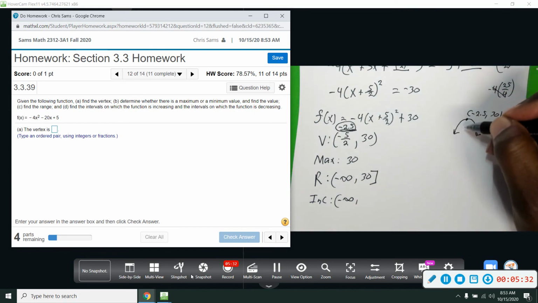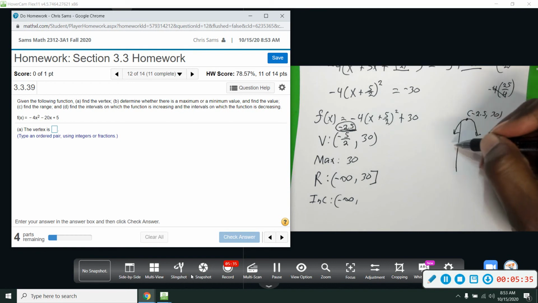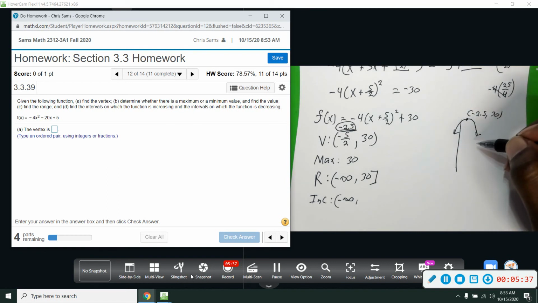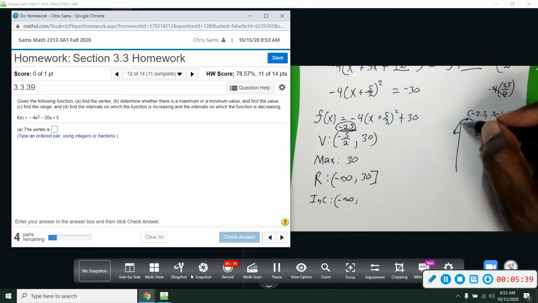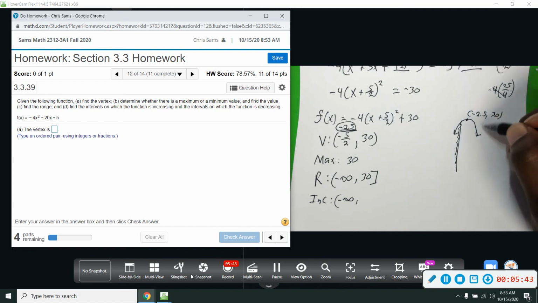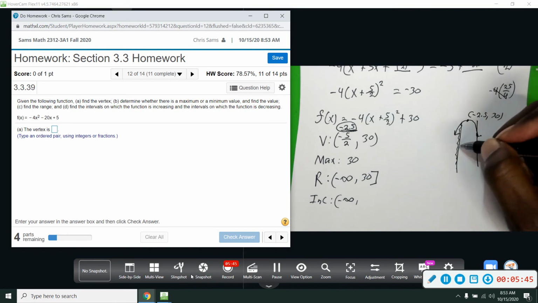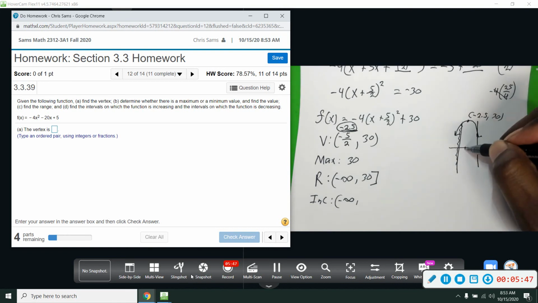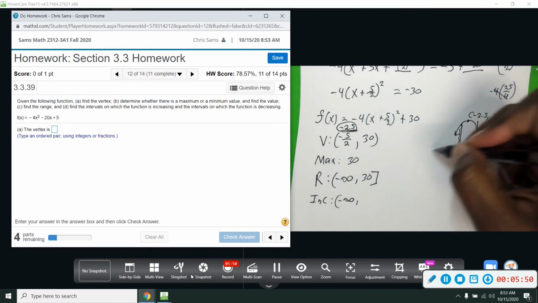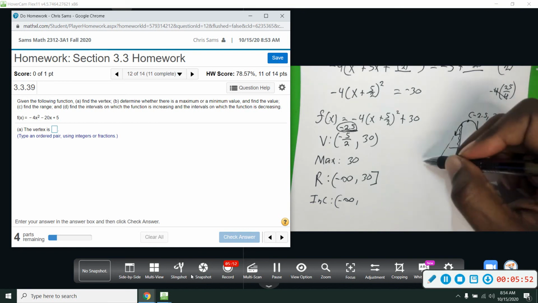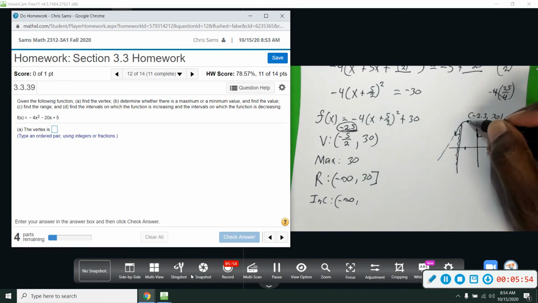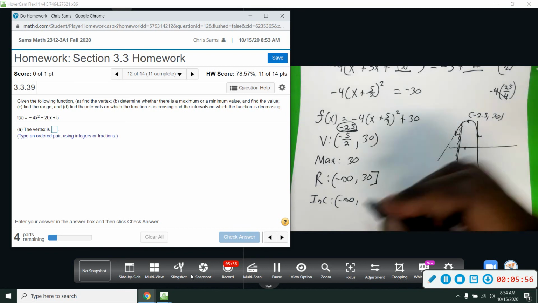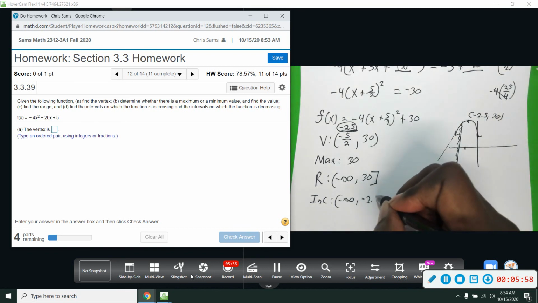So actually I did this wrong. That should be on this side, okay, because that's a negative value. And so that's going to be negative 2.5 all the way up here at 30. So coming from the left, this graph is all the way left, and it stops increasing at negative 2.5, and it starts decreasing.